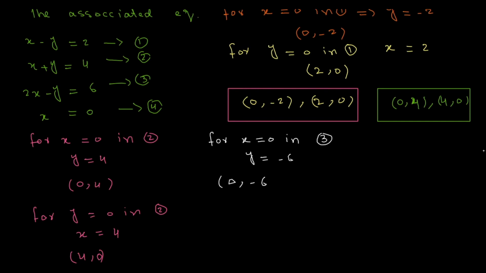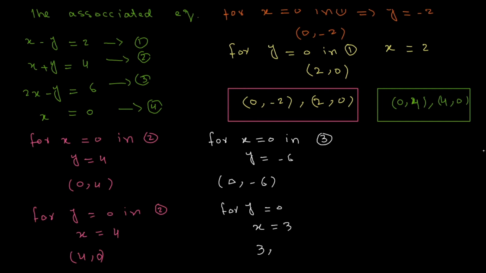For y equals 0 in equation 3, 2x equals 6, so x equals 3, and our point is 3 comma 0.